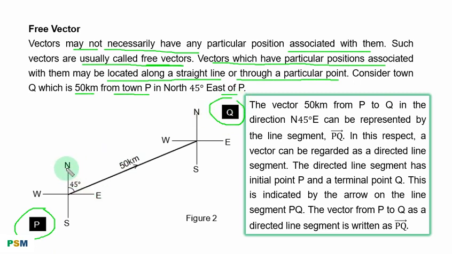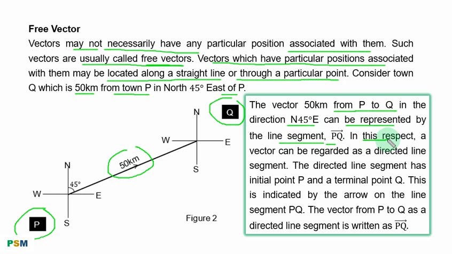That is north 45 degrees east, and the distance is 50 kilometers. The vector 50 kilometers from P to Q in the direction north 45 degrees east can be represented by the line segment PQ. So you have vector PQ.